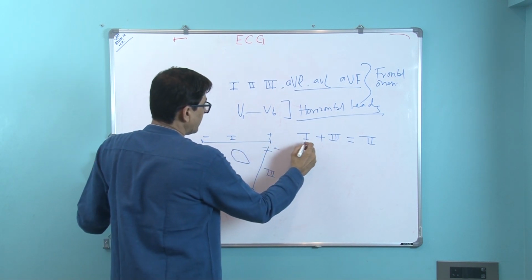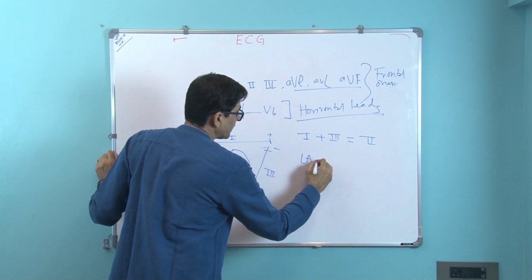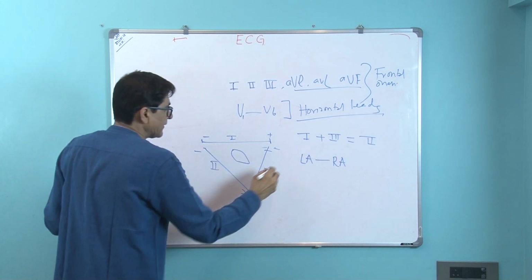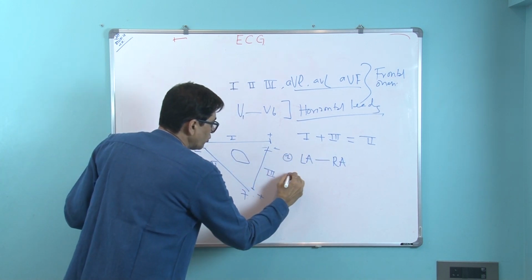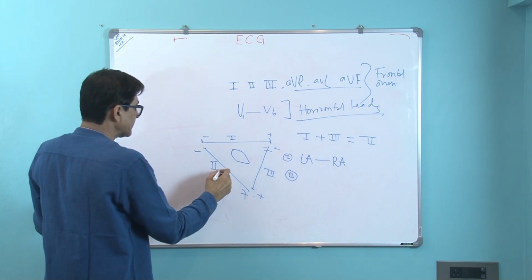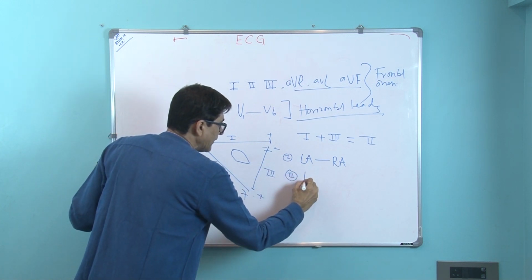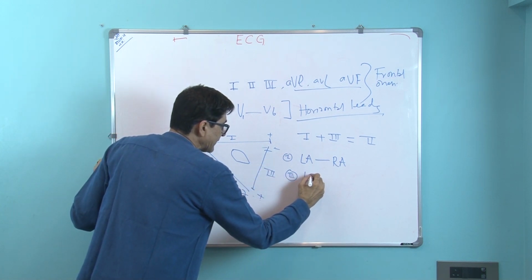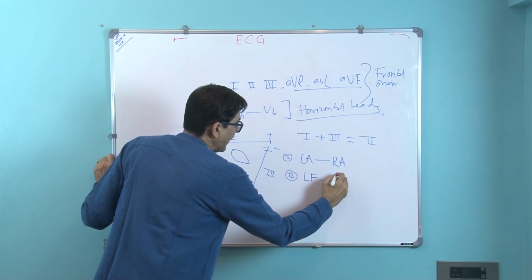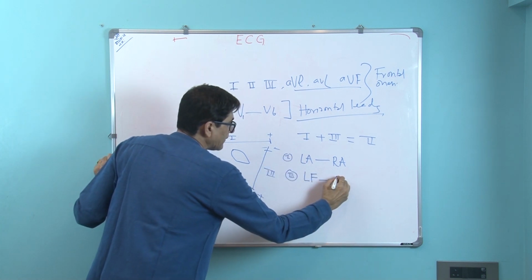See, lead 1 has positive terminal to the left arm and negative terminal to the right arm. Lead 3 is positive to the left leg and negative to the left arm.